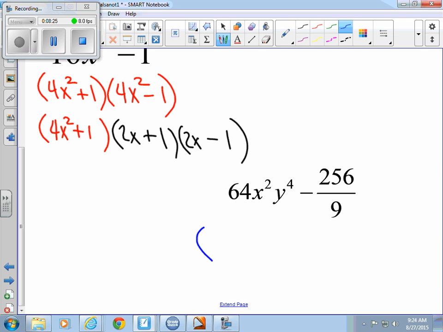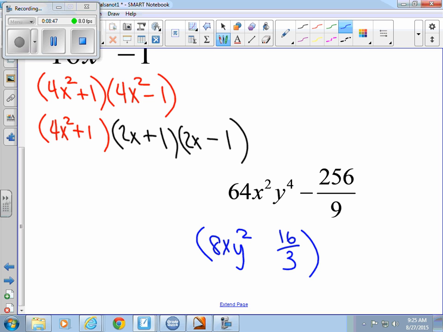How do you check to see if 256 is a perfect square? Square root it in your calculator. If it gets to be a number bigger than our list, just plug it in the calculator to see if it's a perfect square. So the square root of 256 over 9 is 16 over 3.